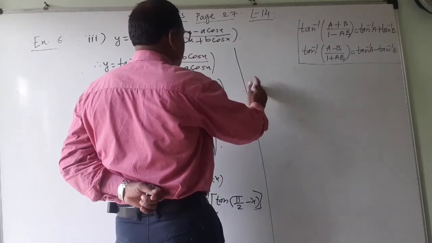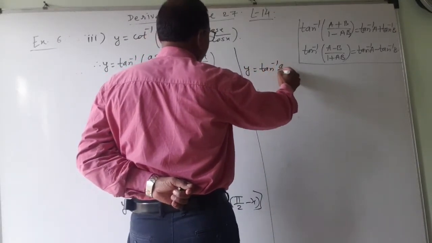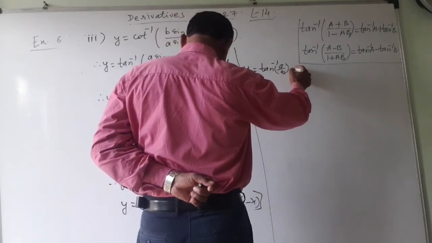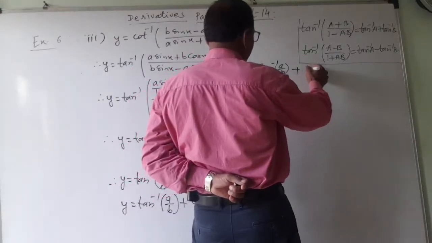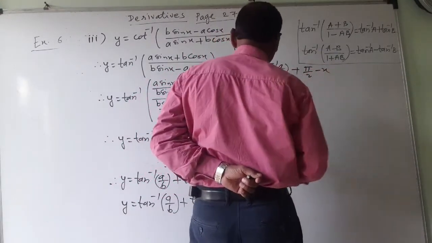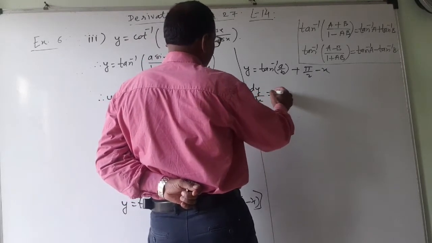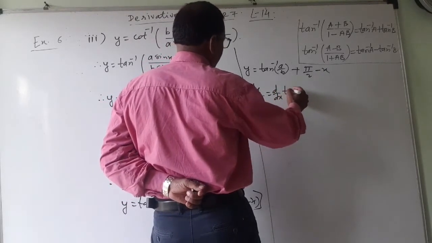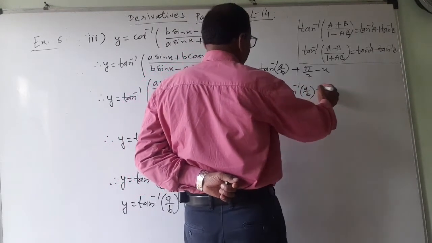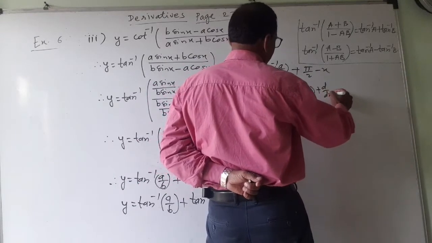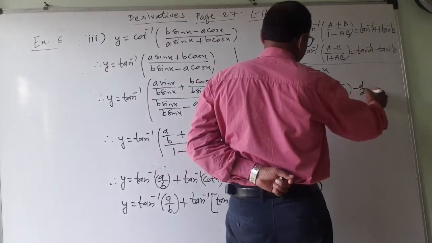So y is equal to tan inverse of A upon B plus tan inverse, tan cancel, so pi by 2 minus x. Now I will take the derivative. dy by dx is equal to d by dx of tan inverse of A upon B plus d by dx of pi by 2 minus d by dx of x.